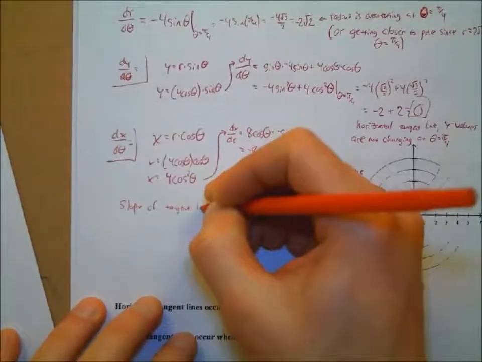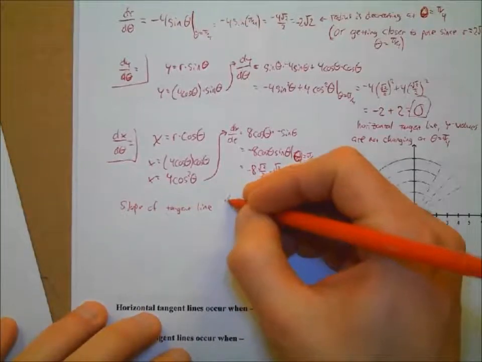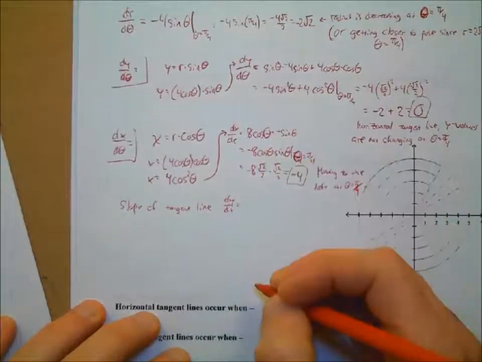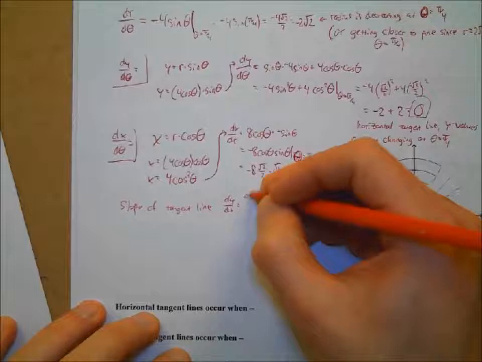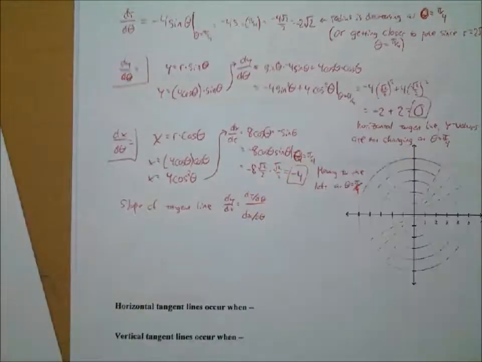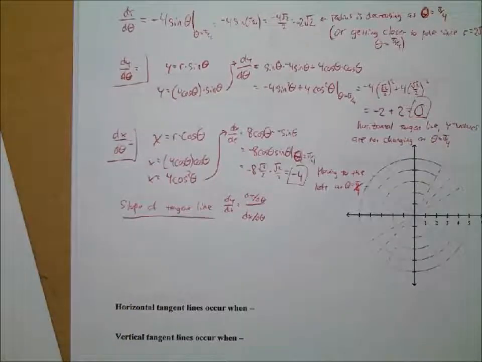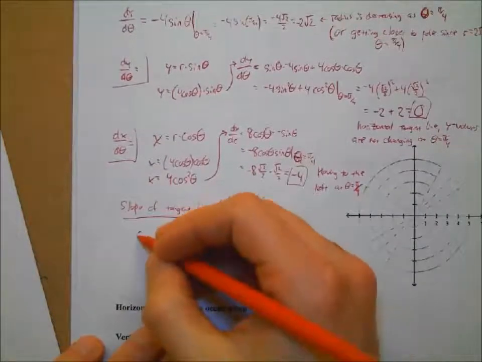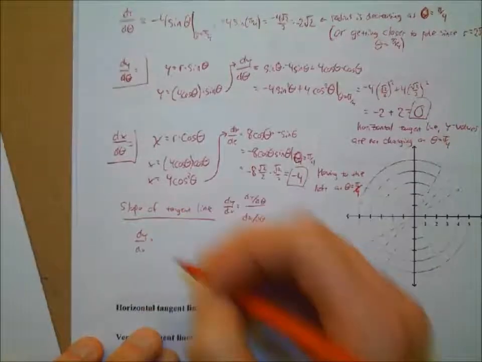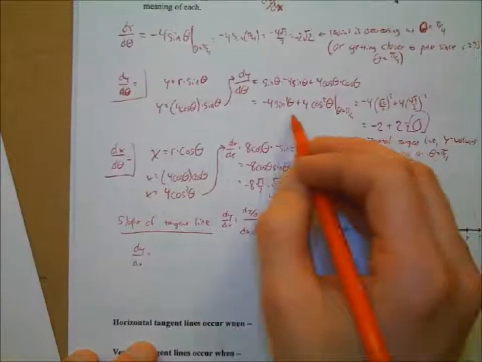Okay, and then finally, the slope of the tangent line, our last calculation we want to do here. Again, the slope of the tangent line is dy over dx, which we know is equal to dy d theta over dx d theta. Thank goodness we've already calculated those, right? dy over dx is going to just equal our dy d theta, and I'm going to use my simplified version of it right here.